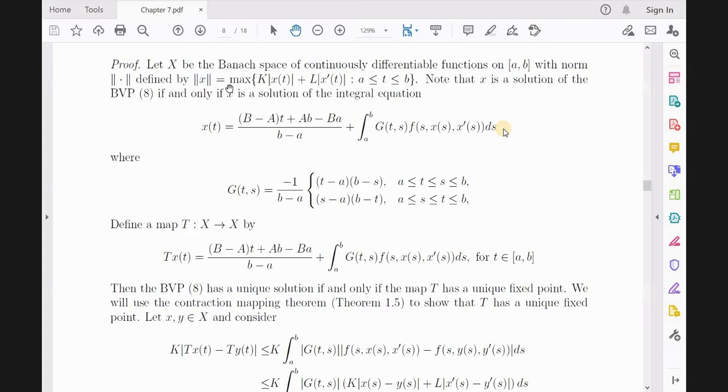So this norm is defined in this space. Now x is a solution of the given boundary value problem if and only if x is a solution of this integral equation.